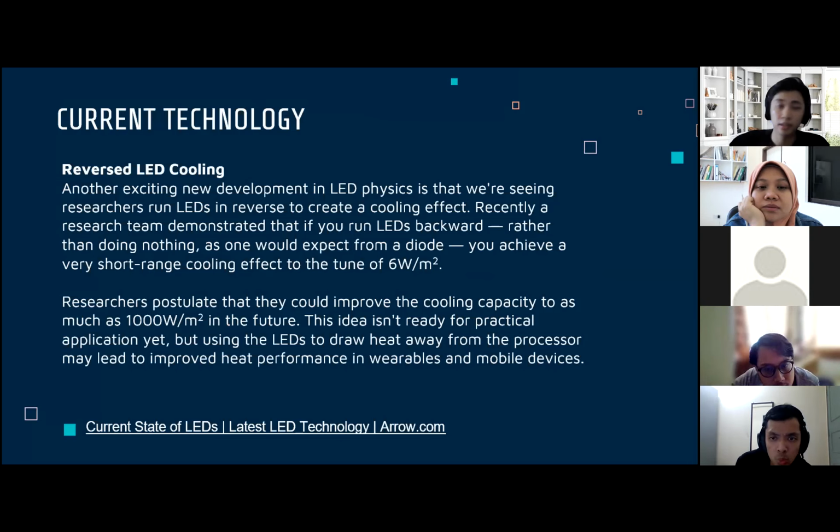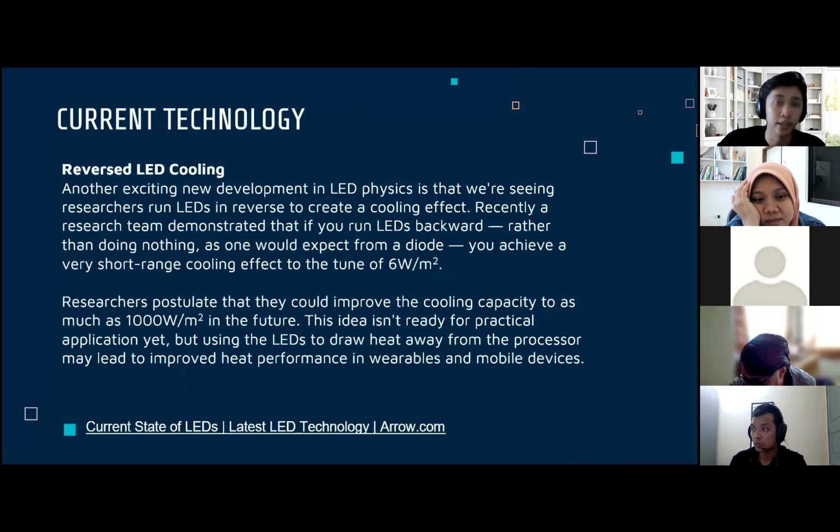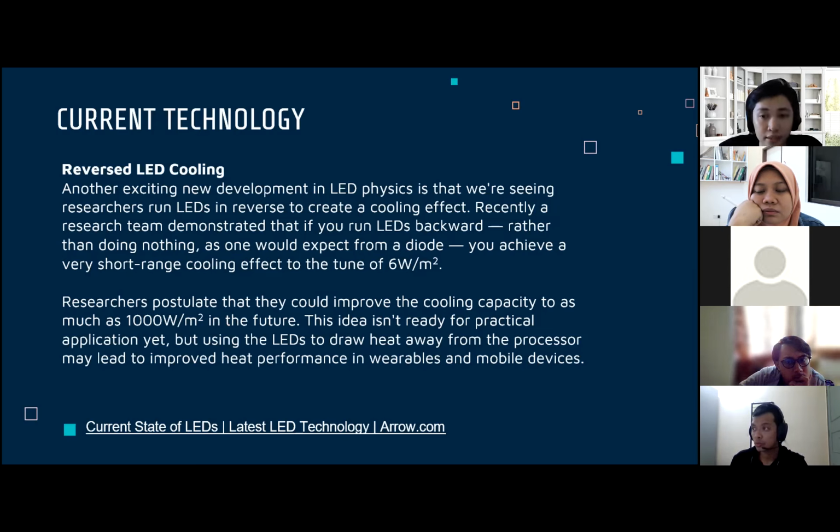Before this, reverse bias may have broken the LED, but the researchers now make the LED so that when the reverse bias is applied, it will make some cooling, to draw heat away from the processor.